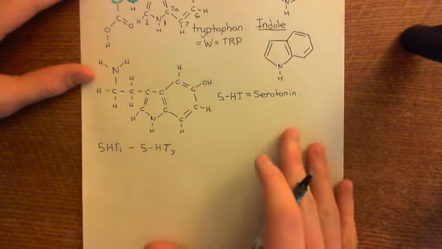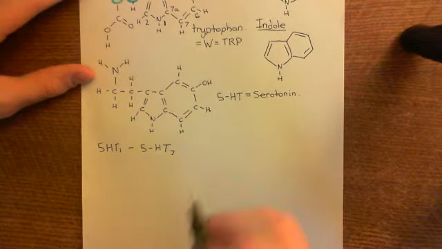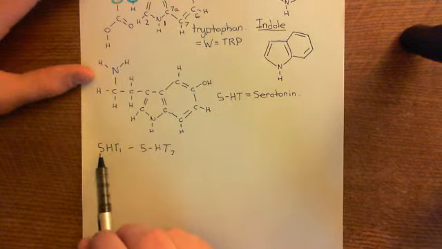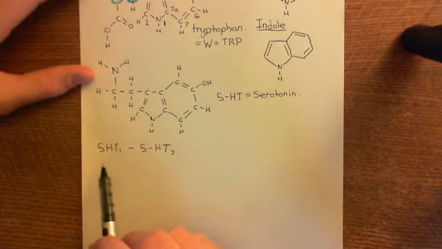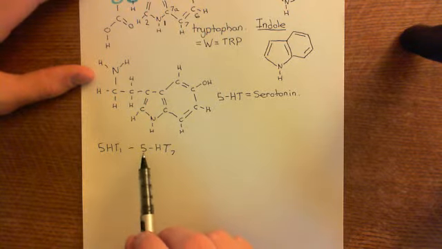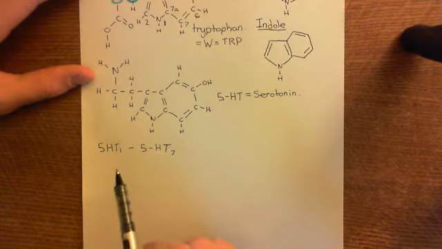Let me make it clear, these are not 7 receptors, instead these are 7 families of receptors. So you have the 5-HT1 family of 5-HT receptors, the 5-HT2 family of receptors, the 5-HT3 family of receptors. We are looking at the 5-HT3 family of receptors.